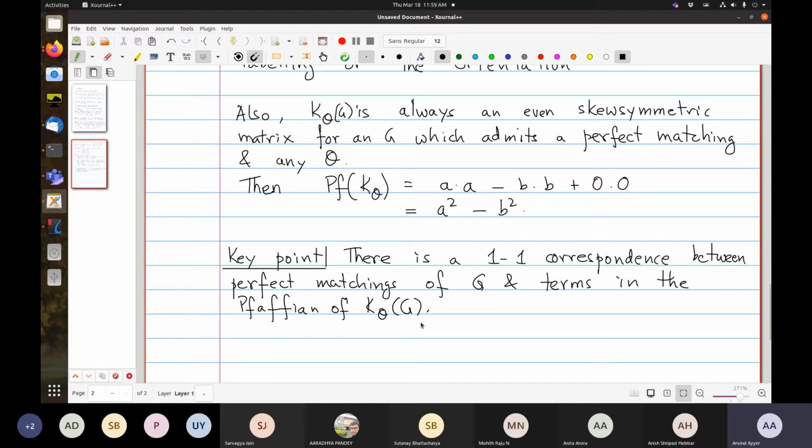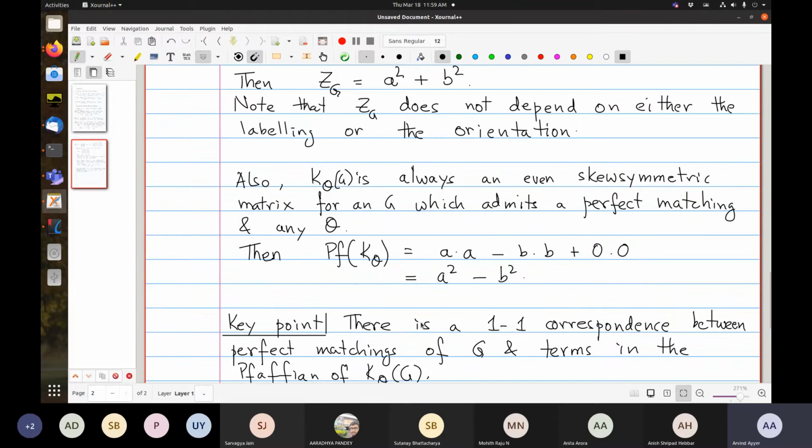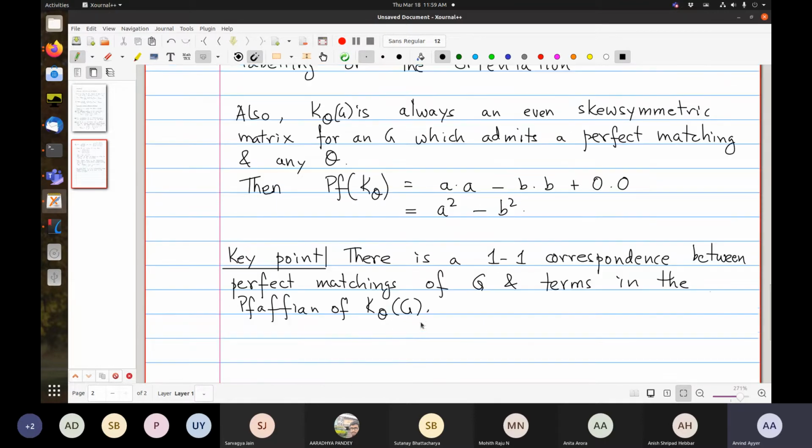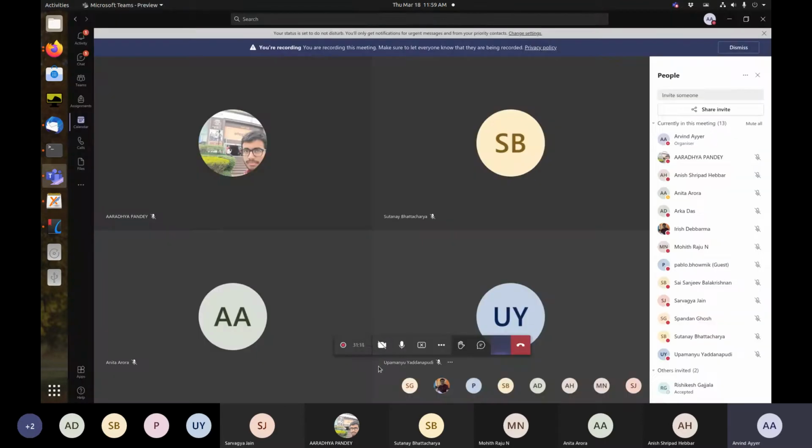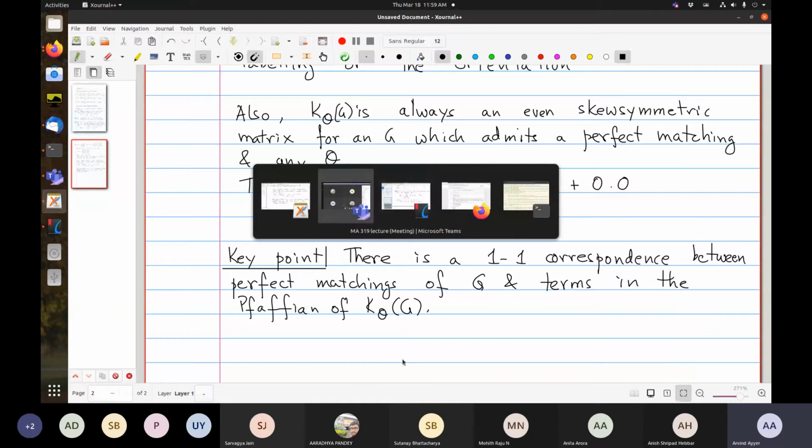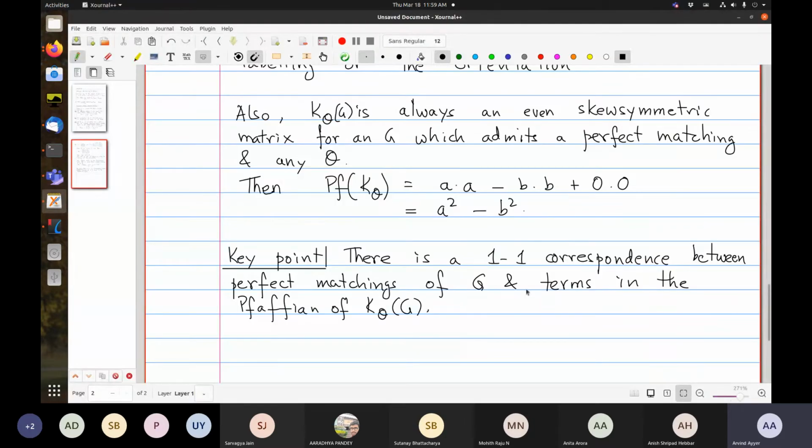So let us try to understand that. A Pfaffian is going to be non-zero. Oh, sorry, I should have said non-zero terms.